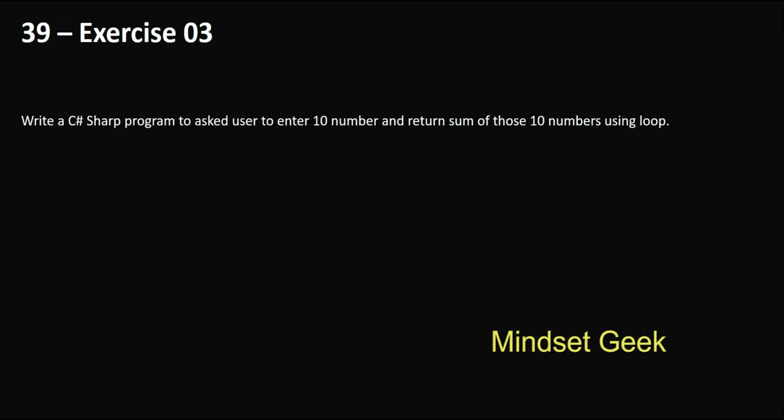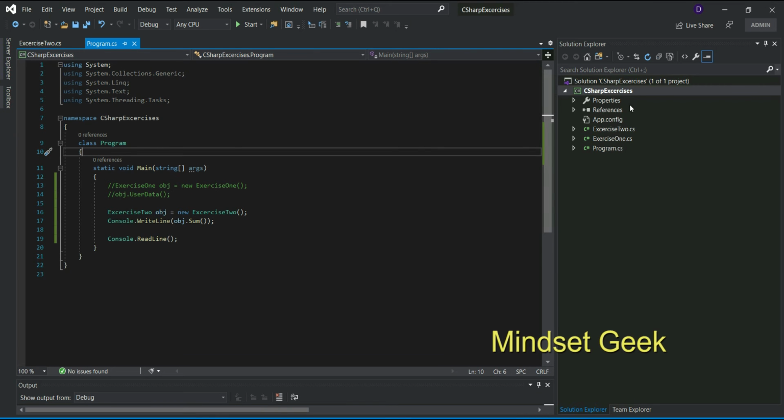That means the user should enter numbers 10 times, and return the sum of those 10 numbers using a loop. Loop means you can use a for loop, while loop or do while loop also. This is my last exercise.